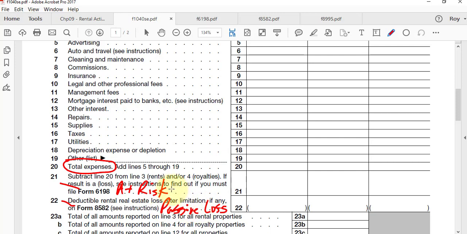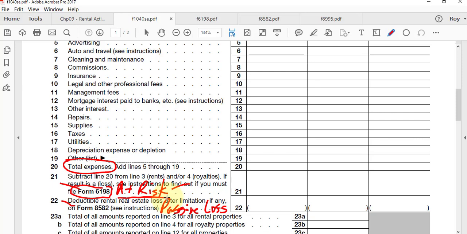For most people, they don't have a problem with the at-risk rules and they don't have to probably fill in this form 6198. Just like the term implies, you're at risk of losing money. So if you have a loss, are you really economically losing money versus just having a paper loss?